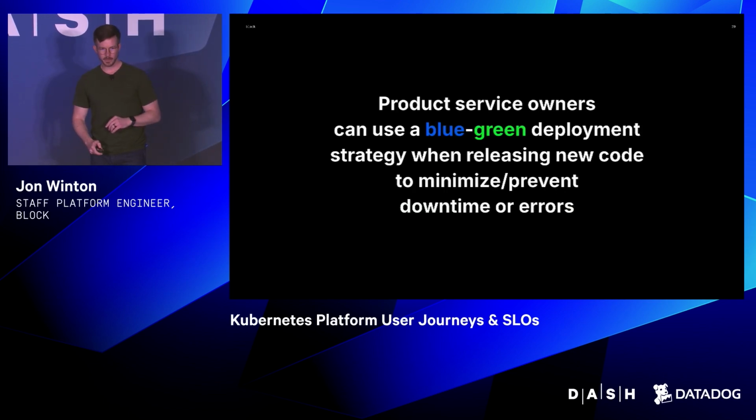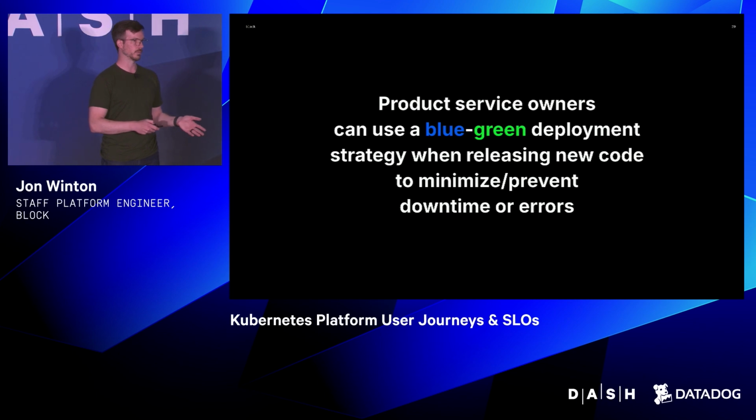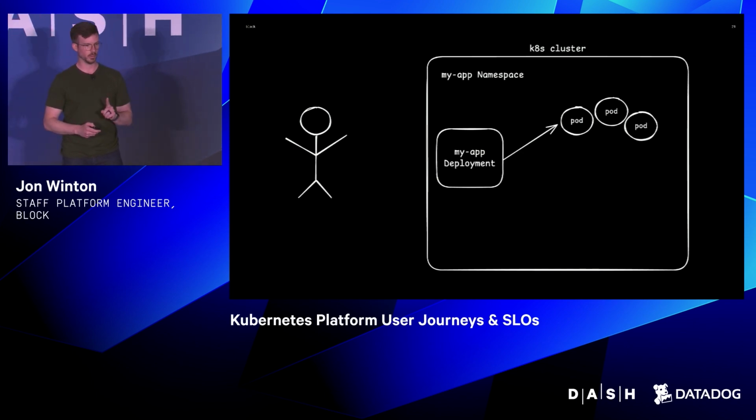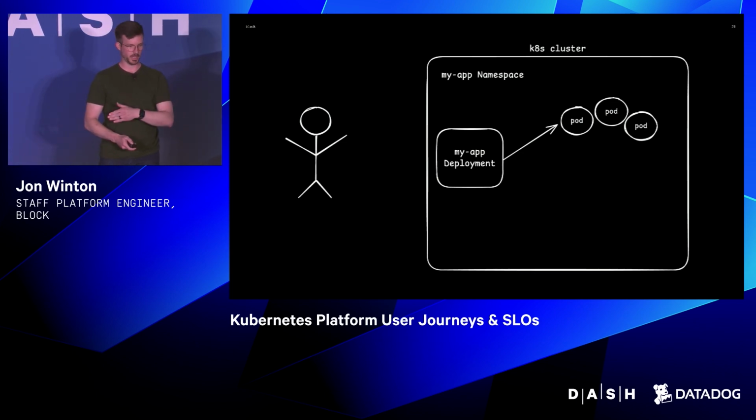And so we're going to have a little scenario that we're going to use as an example in this talk. It's just going to say that the platform that we all here are building together supports blue-green deployments. So from that group one perspective, you deploy applications into Kubernetes, you write all the fun code, you have your namespace, your service is running in there, you have a deployment, it's got some pods.